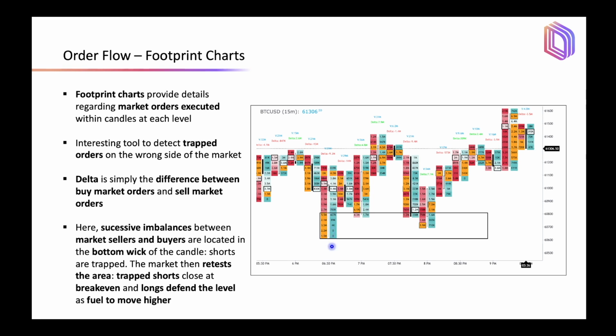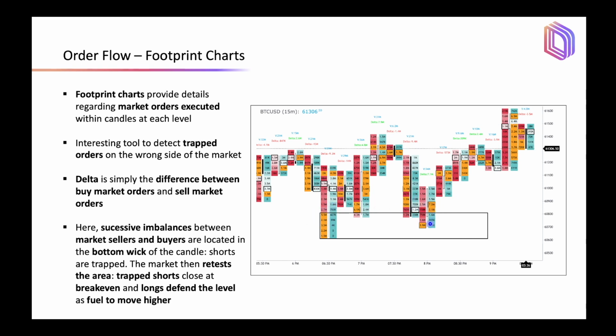So we could potentially deduce that these guys are on the wrong side of the market and that those shorts are trapped. And so what will happen next is that pretty often the market will retest the beginning of this stacked imbalance as a support.